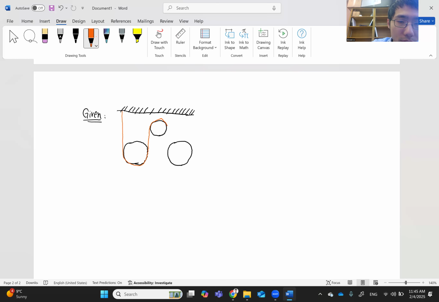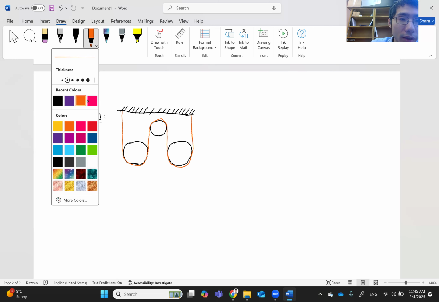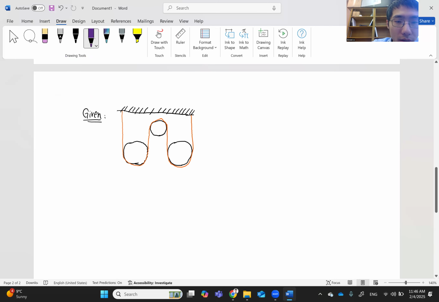It is exactly one cable, which is why I can draw it as one continuous line. We have point A here, point B here, and C here, respectively the centers of the pulleys.